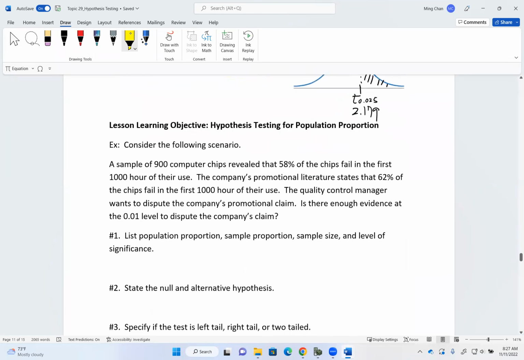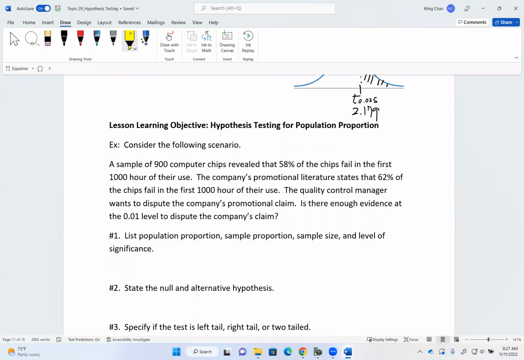All right, let's test for population proportion, p. A sample of 900 computer chips revealed that 58% of chips fail in the first 1,000 hours of use. The company promotion literature states that 62% of the chips fail in the first 1,000 hours of use.